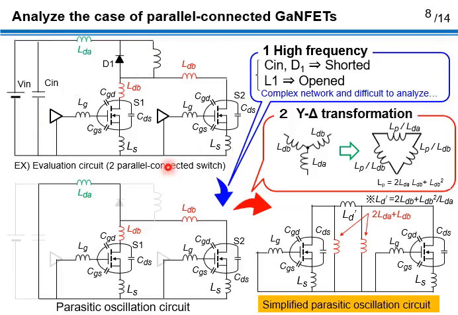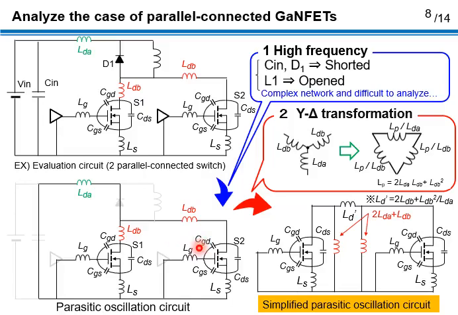First, as in the case of single GaN-FET, we perform the equivalent circuit conversion for high frequency. Note here that the parasitic inductance of the power circuit is divided into LDA, the common path, and LDB, the switch current path.